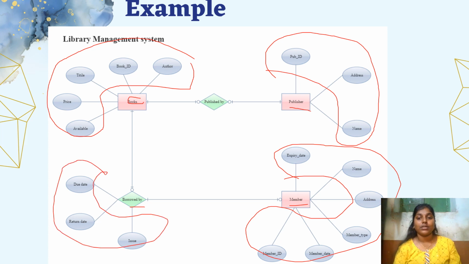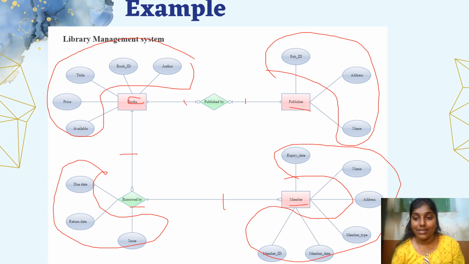In order to learn which member has borrowed which book, these are the relationships between them. So this is a relationship, and here is also a relationship between them, and here is also a relationship. So in this way we draw the examples. We divide the entities, the relationships between them, and their attributes in order to get a deep understanding of the given scenario in detail.